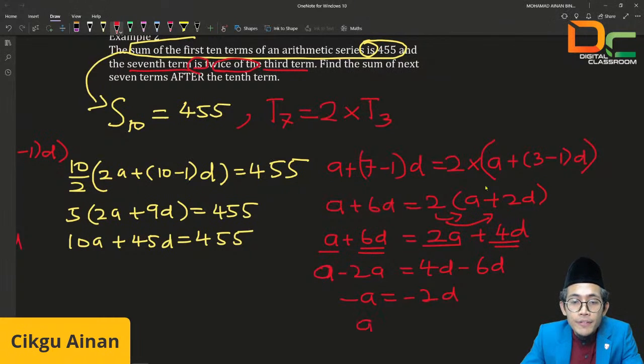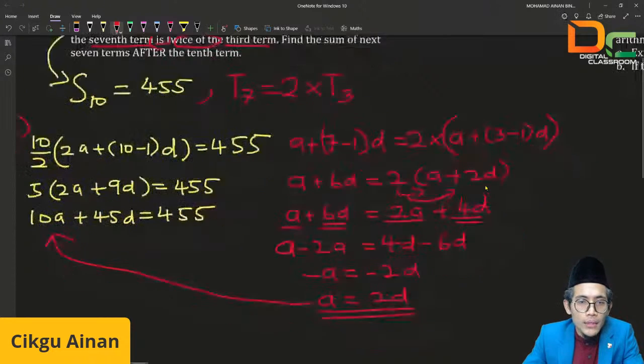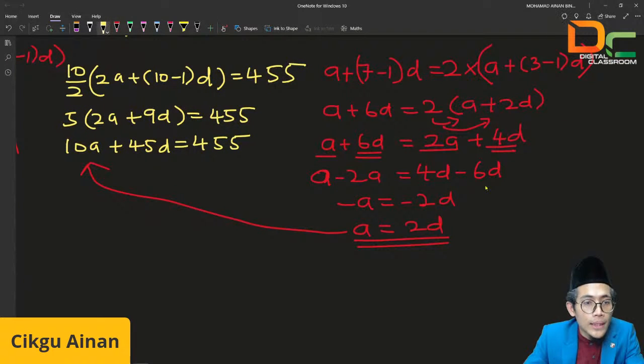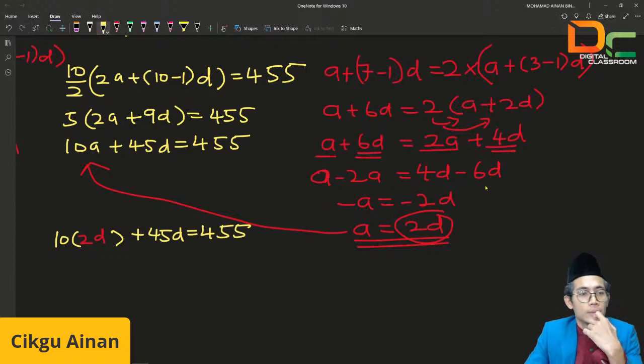This one can simplify further. A equals 2d. This one is simpler already. We can use this and substitute it over here. So 10a, a is 2d, so 2d over here. And then we continue. 20d plus 45d equals 455.